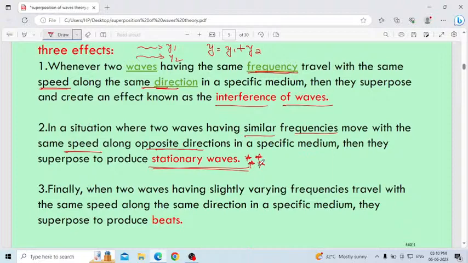Frequency is the same, speed is also the same, but the waves overlap while moving in opposite directions. Consider this is the y1 wave, the first wave, and this is the second wave, both in opposite directions, they get superimposed. Those waves we will consider as a stationary wave.